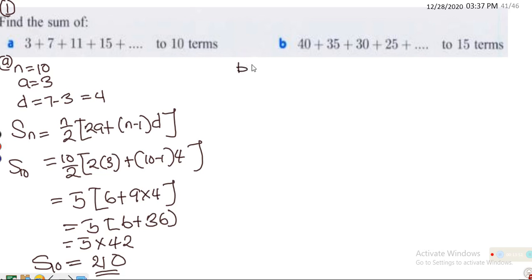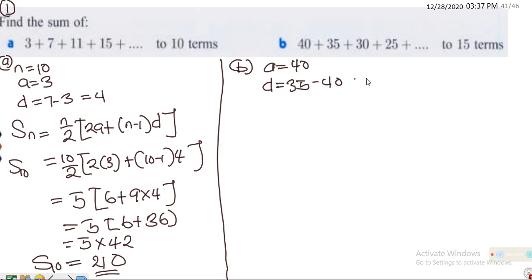So we can do B as well, the same way. So for B, A is 40. The common difference is 35 minus 40, which is minus 5, up to 15. The number of terms is 15.